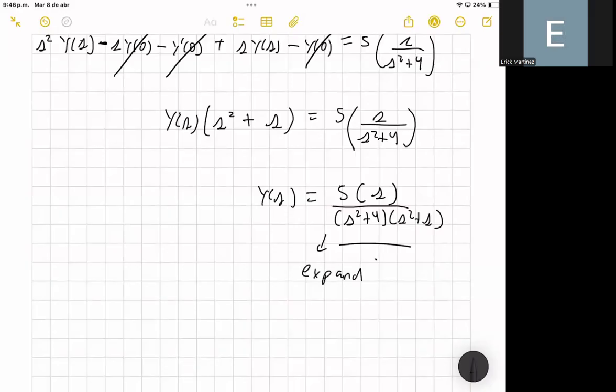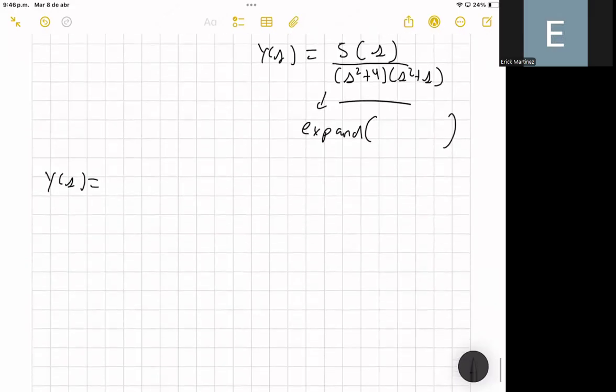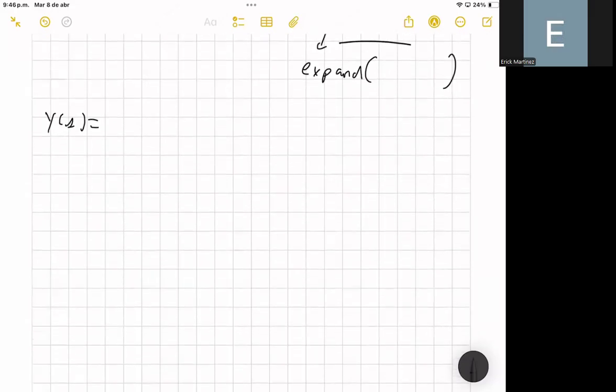You introduce all of this into this function, and we can express y of s as follows: minus s divided by s squared plus 4, plus 1 over s squared plus 4, plus 1 over s plus 1.